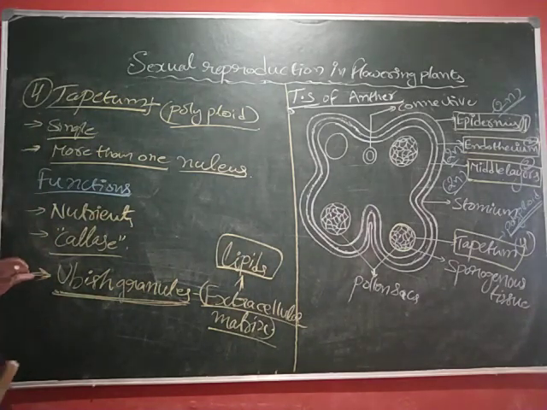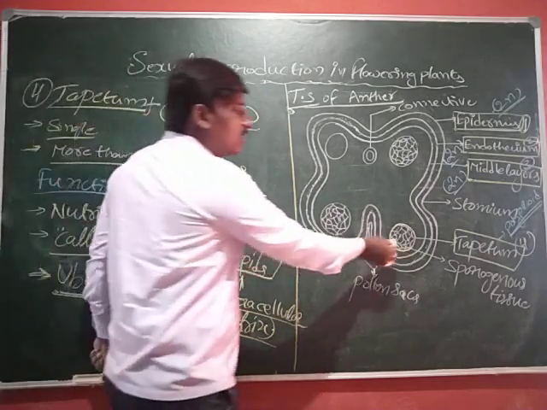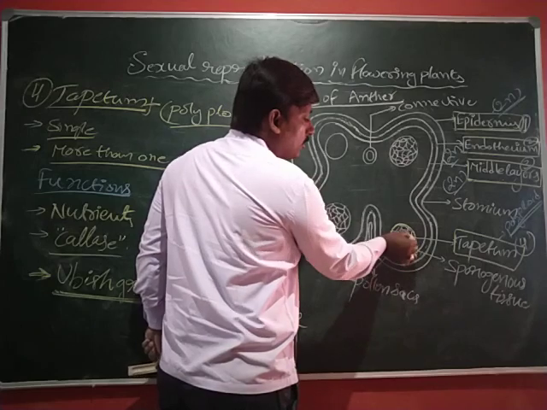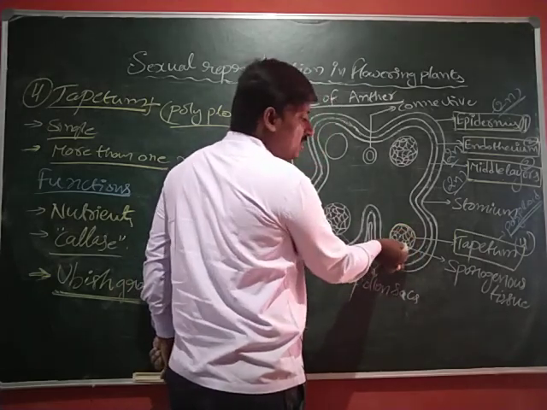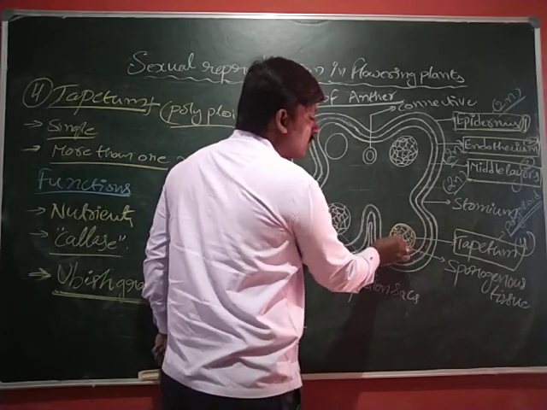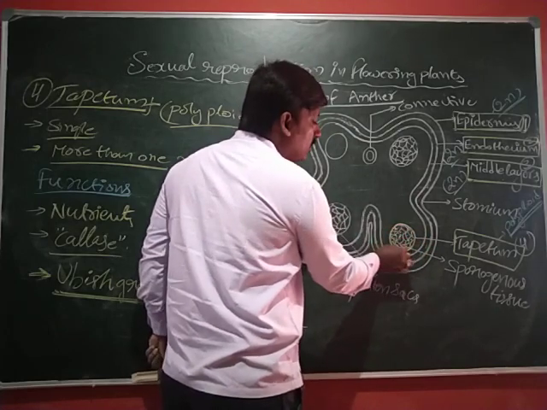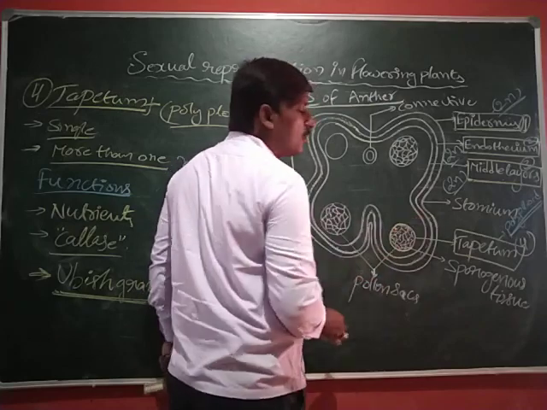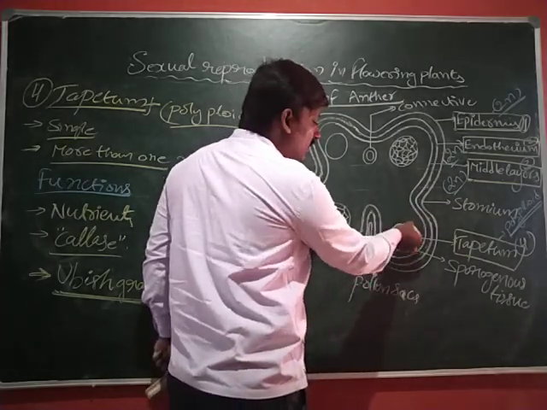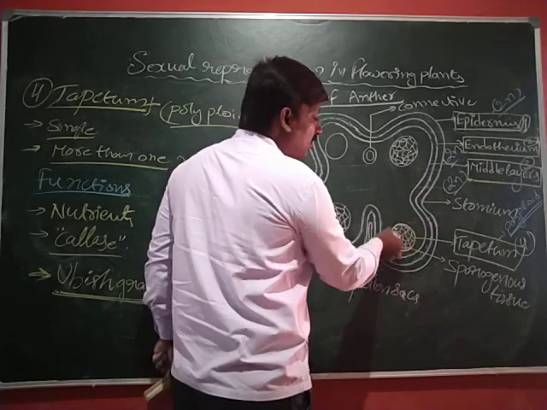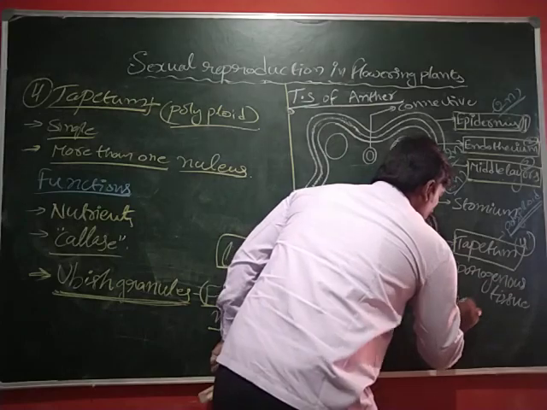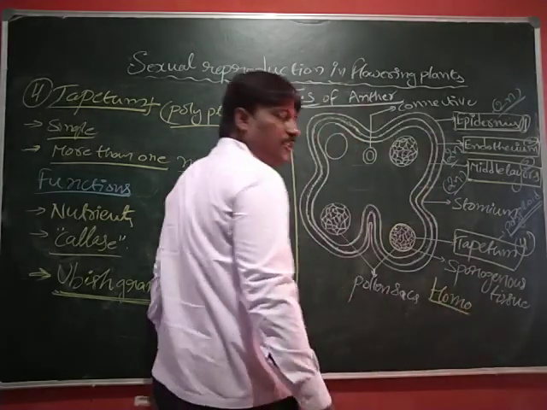Below the tapetum there is a homogeneous tissue. Homogeneous means all the cells are similar in size and structure. If a tissue consists of similar type of cells, such tissue is called homogeneous tissue.